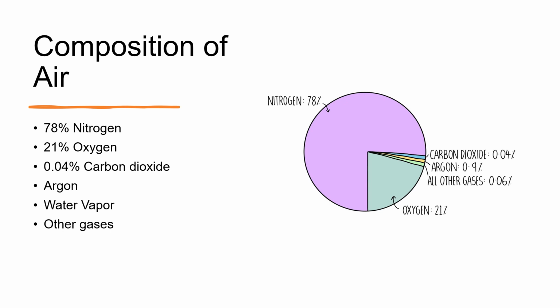The normal composition of air is primarily 78% nitrogen, 21% oxygen, and much smaller levels of carbon dioxide, argon, and other gases. There's also water vapor in the air, which gives us measurements of absolute humidity and relative humidity.